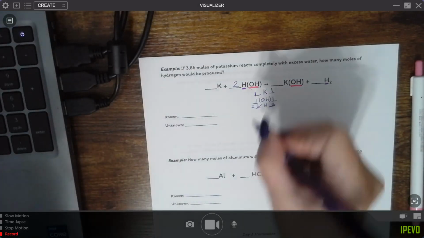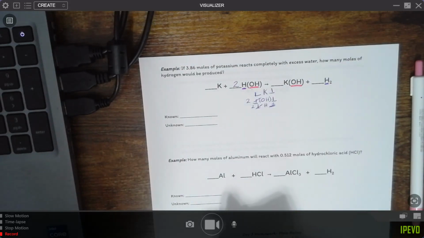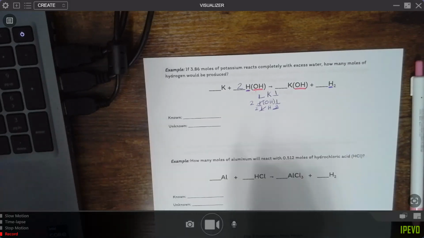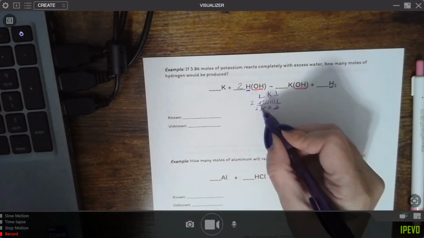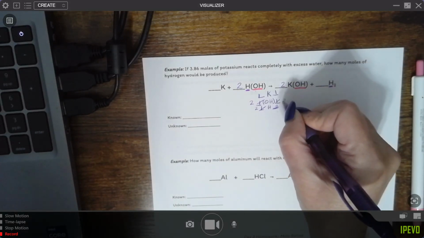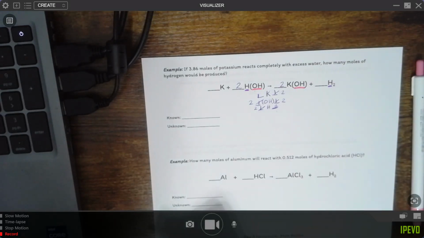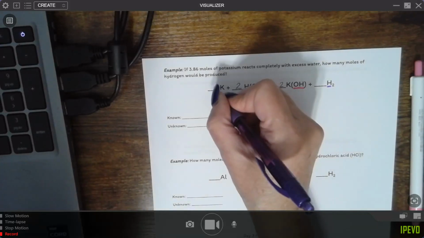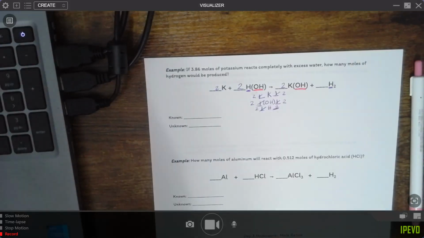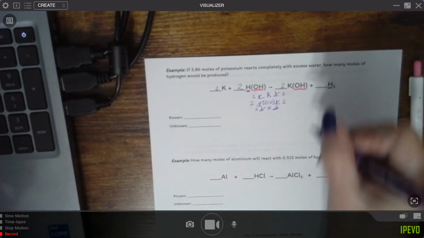It also gives me 2 of the OH's. So hydrogen's okay. I need to put a 2 here to give me 2 OH's, but that now gives me 2 potassium. I'm almost there. If I put a 2 here, finally everything is balanced. So my coefficients are 2, 2, 2, 1.